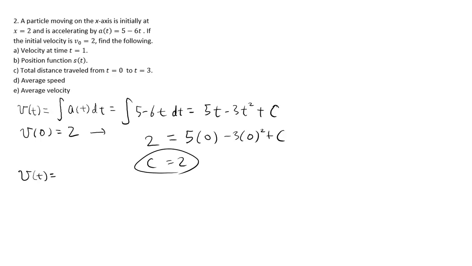V of t would now be 5t minus 3t squared plus 2. And therefore you can now plug in 1 to find the value of the velocity at t equals 1, which gives you 5 minus 3 plus 2, and that's 4. So 4 is the answer to A.